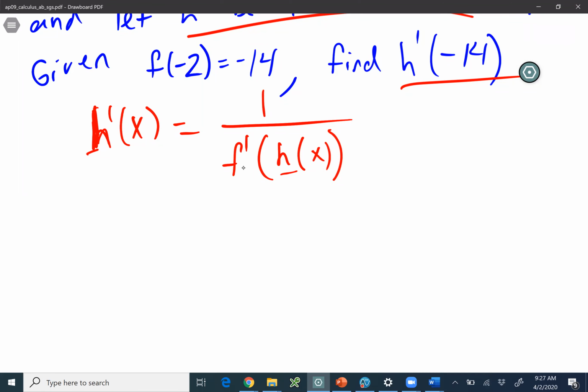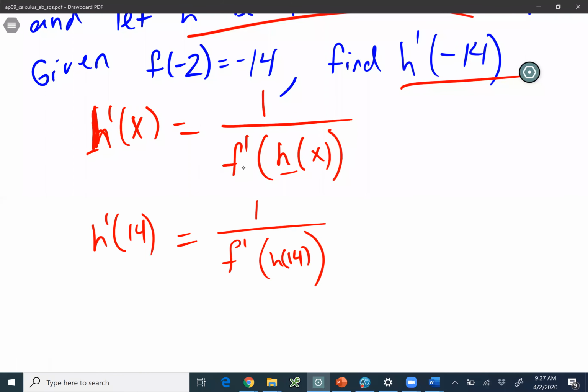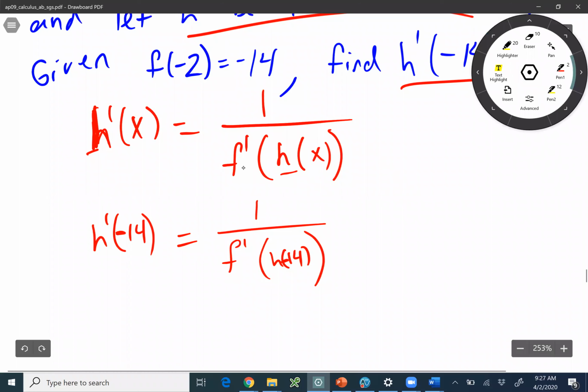So we're good. That's our generic formula. And now we're just going to plug in 14. So now for h prime at negative 14, that means we're going to have 1 over f prime of h of negative 14. Okay, now this is where it gets a little bit more confusing, but it's just something we have to realize about inverses.